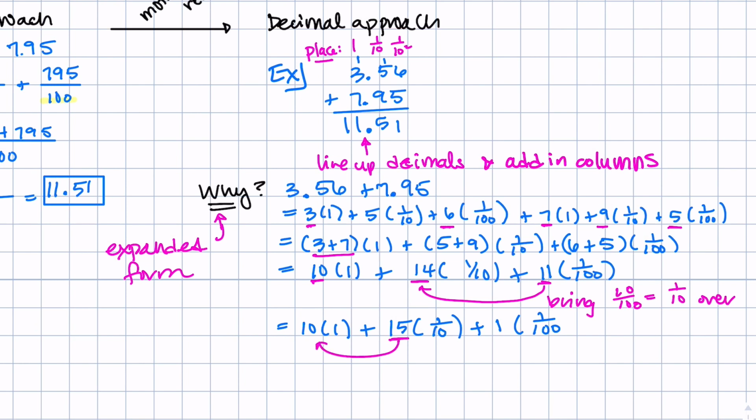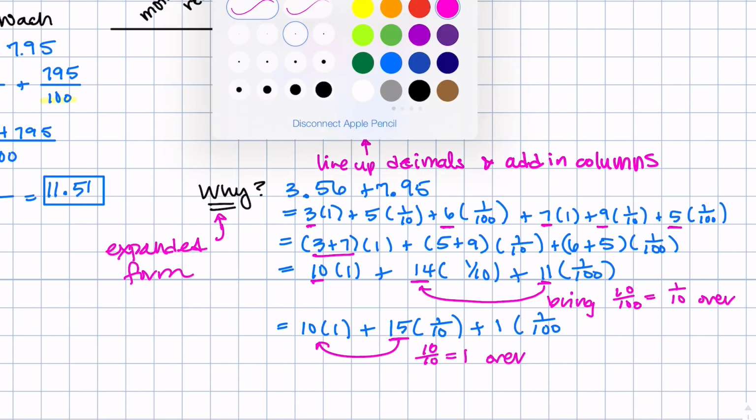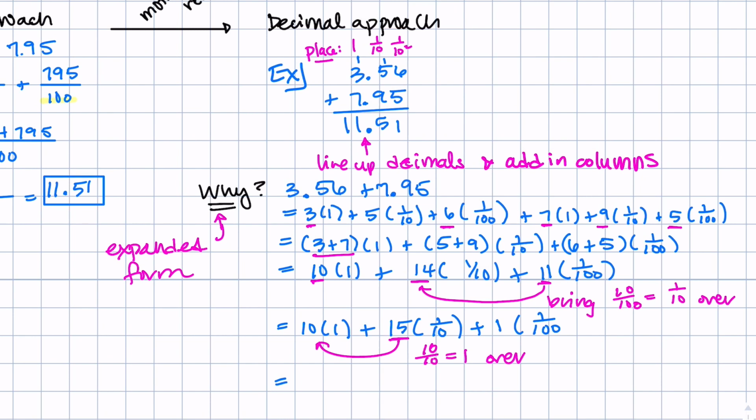So I'm going to do the same thing and bring this over: 10 tenths, or 1 over. Okay, so this becomes 11 of these now, and I'll just be left with 5 tenths, and still 1 of the hundredths.